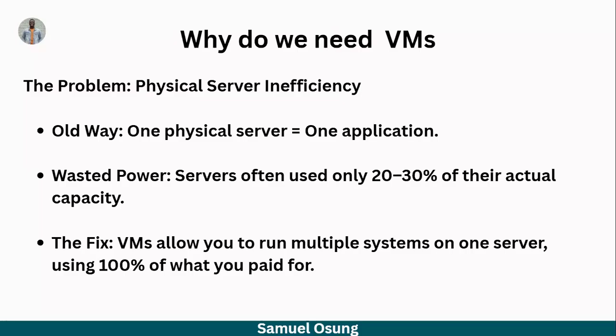That particular server might be using only 20% of its power, 30% of its memory, and what happens to the rest? It gets wasted. So virtual machines solve this problem by allowing multiple systems to run on one physical server safely and independently.